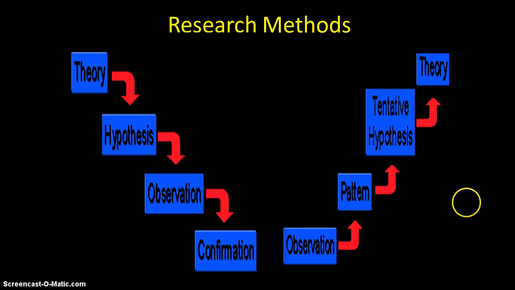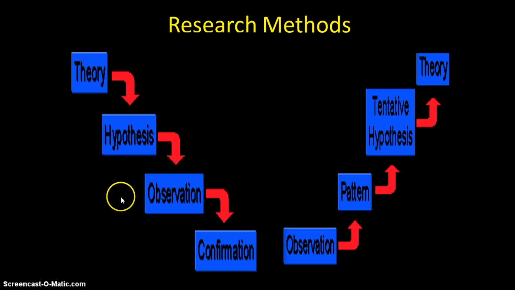So we have 2 general types of research method that we're going to look at. Firstly, this one here actually represents quantitative data or quantitative research, where you have some kind of theory, some kind of idea. You then state a hypothesis, what you're going to test.